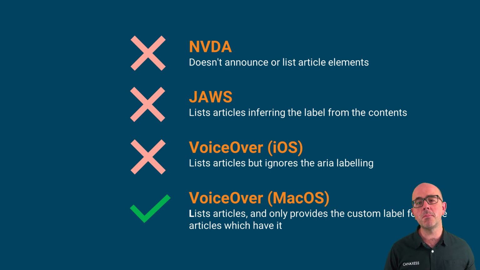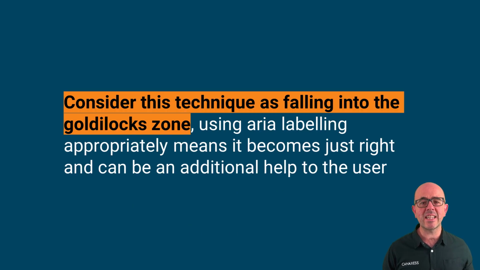ARIA labeling combined with semantically appropriate landmark regions are a powerful way to call out important information for selected product tiles. But consider this technique as falling into the Goldilocks zone. Too little landmark usage is unhelpful, as is too much. Using ARIA labeling and articles appropriately means it becomes just right and can become an additional help to the user.